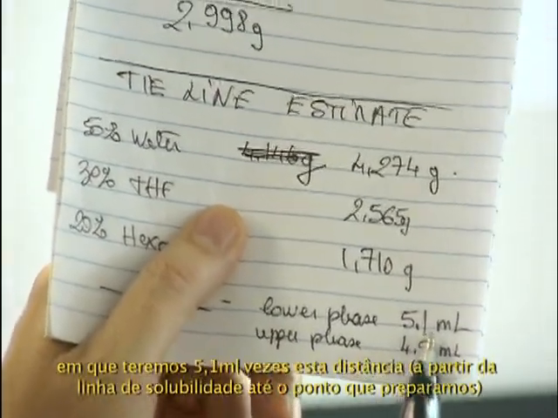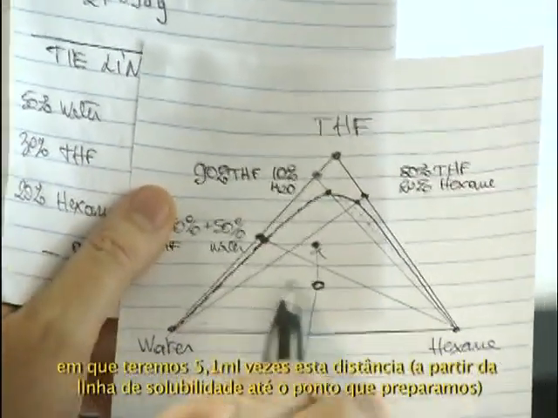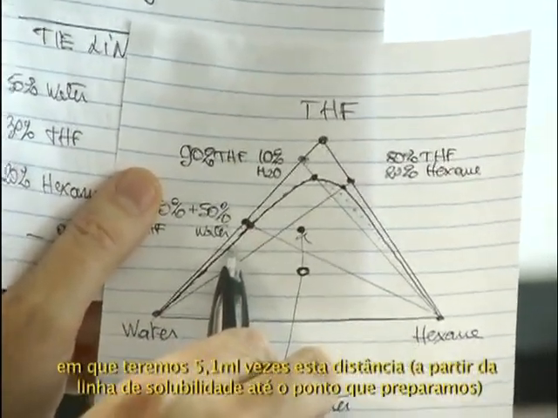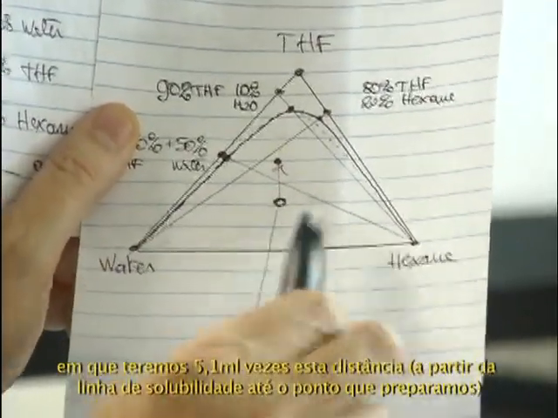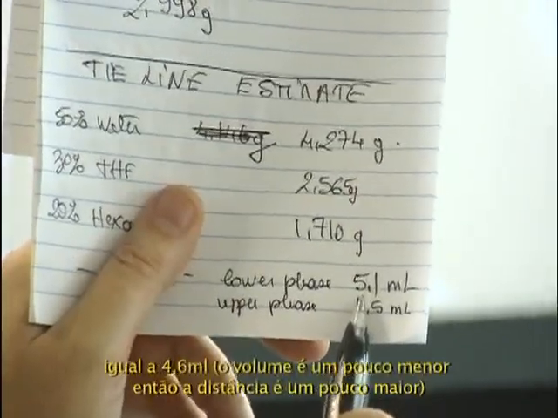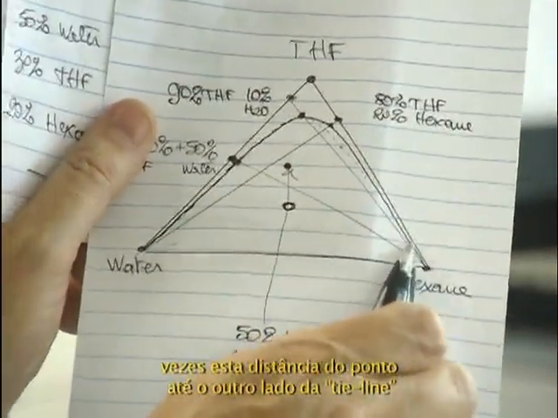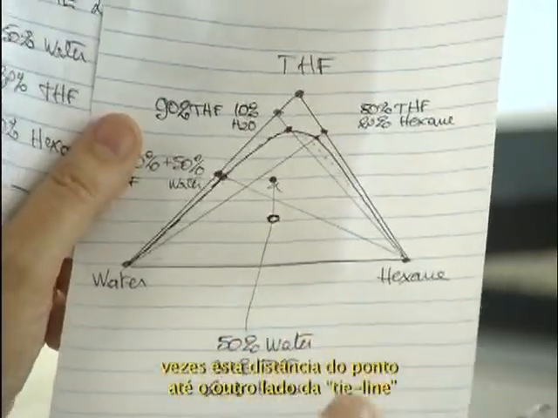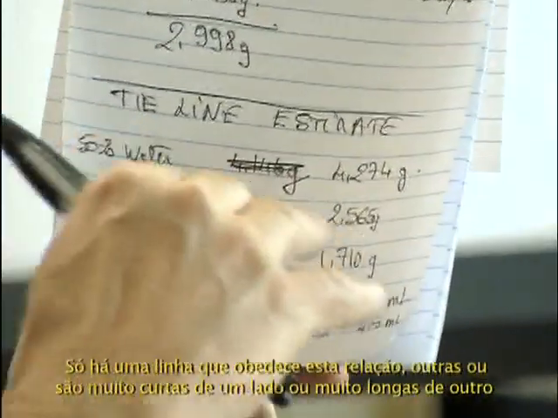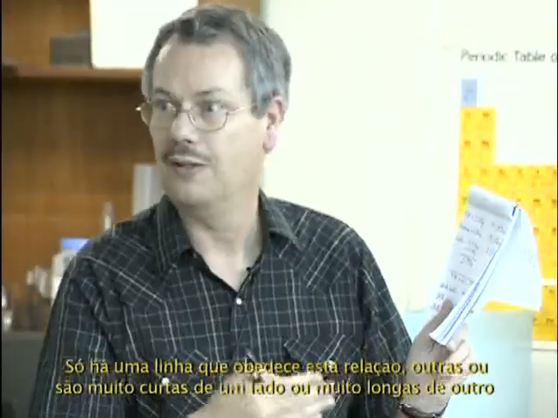5.1 millimeters times this distance from the point on the binodal curve to the point you prepare equals 4.5, which is a little bit smaller, so the distance is a little bit bigger, times this distance to the other side of the tie line. You can find only one line that will have this relationship obeyed.